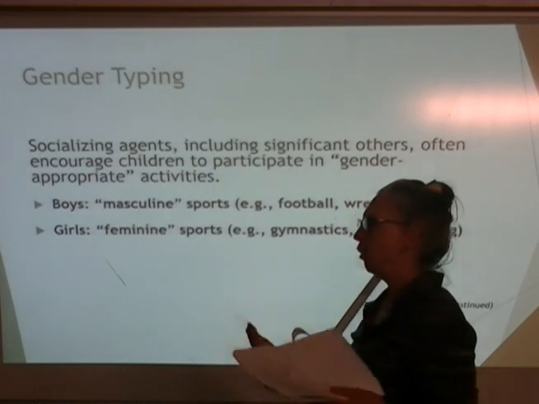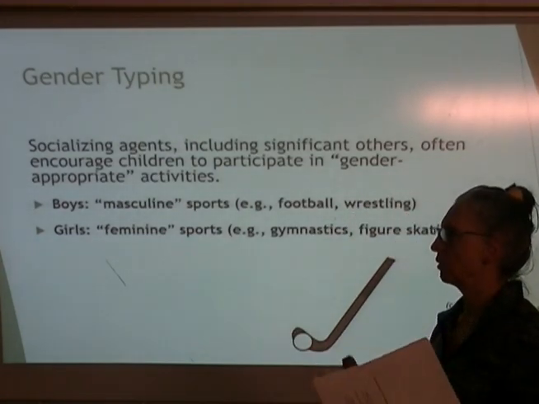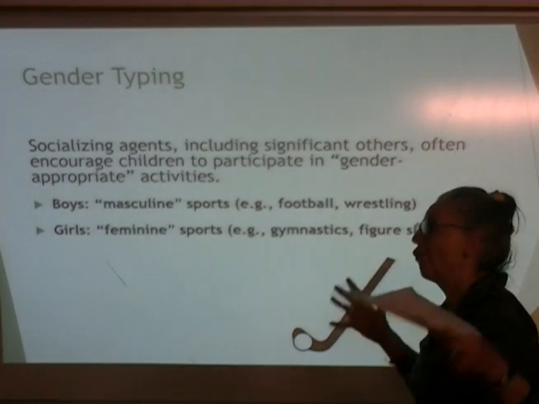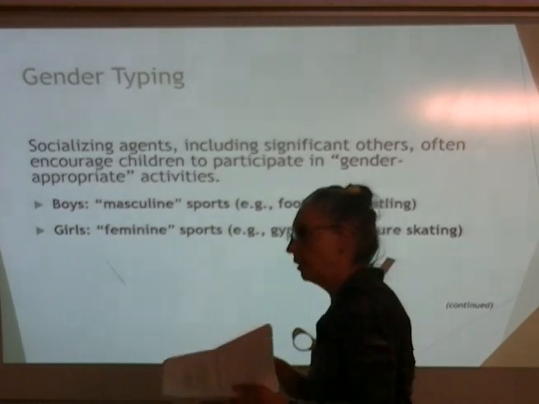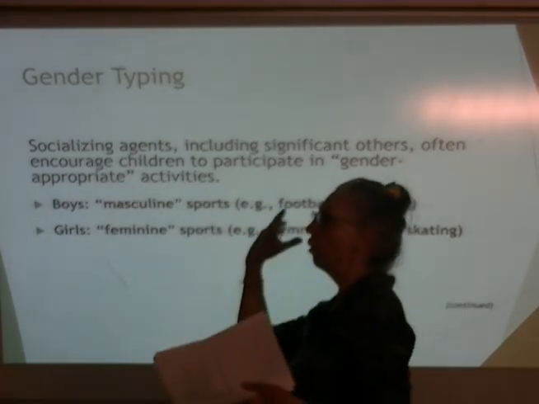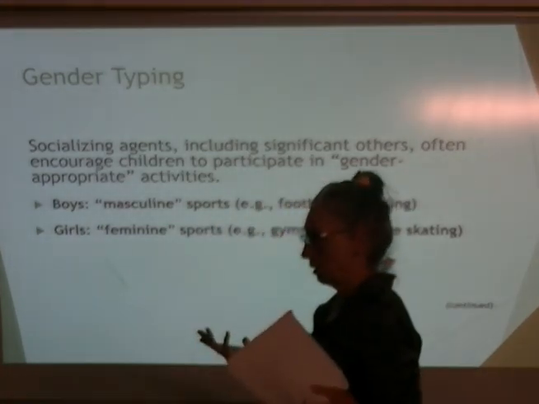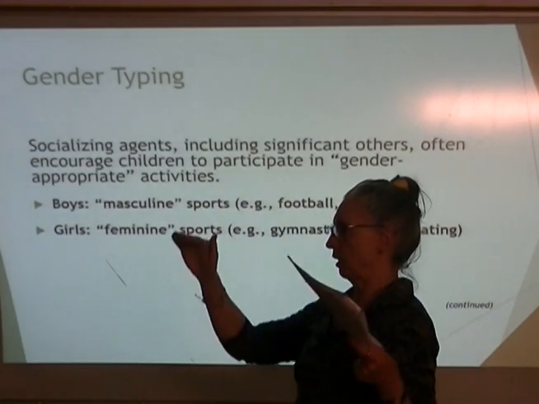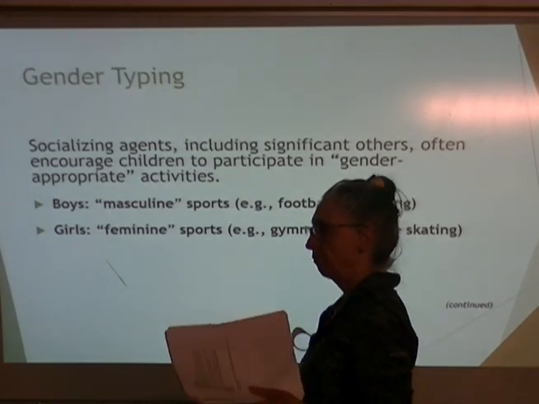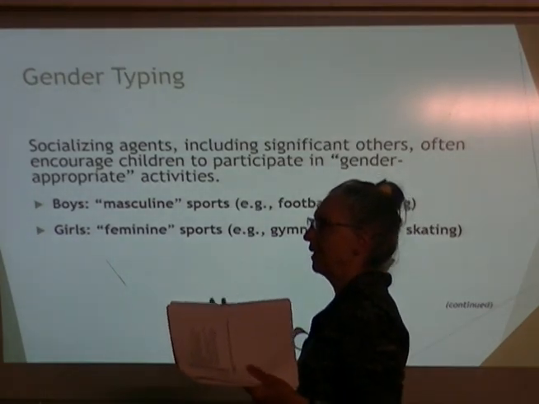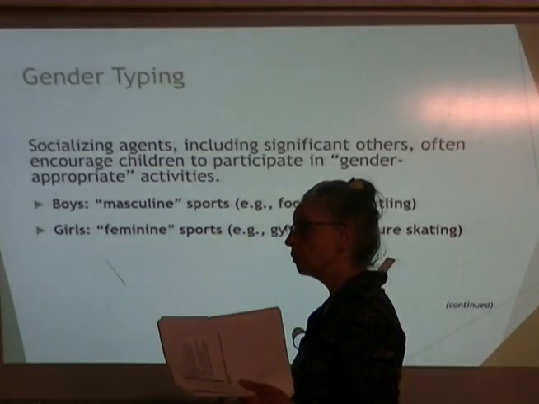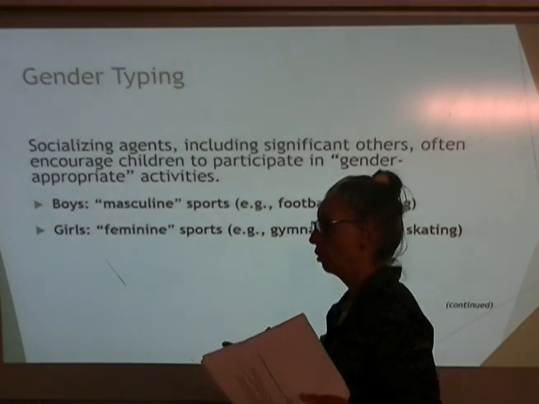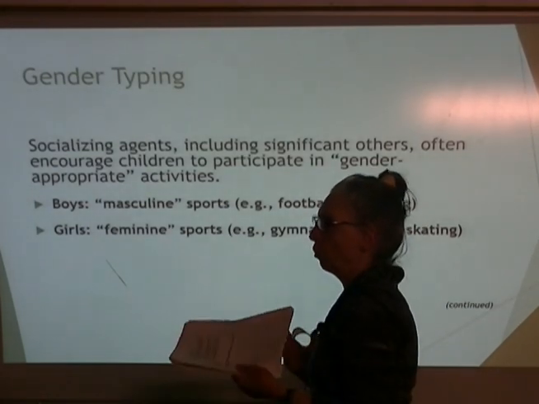Now, that's a little old-fashioned, particularly with the rise of successful female teams, like the women's soccer or the women's gymnastics team. I think the idea of sport being for boys is gradually getting less important.